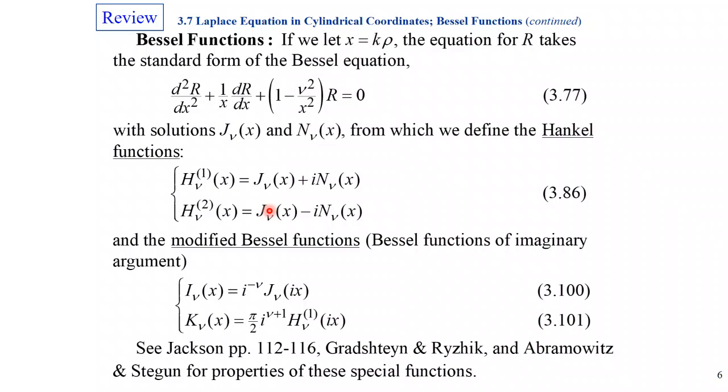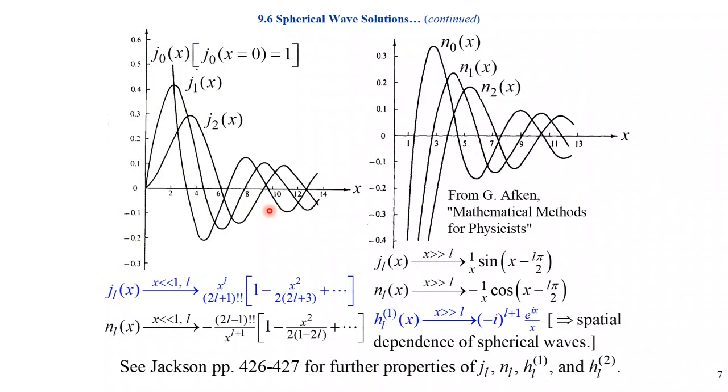Now let's move on to the second part. Okay, just a moment. Maybe I should show you what the function looks like. This is the spherical Bessel function J, the spherical Neumann function N, and here, l=0 looks like this one.